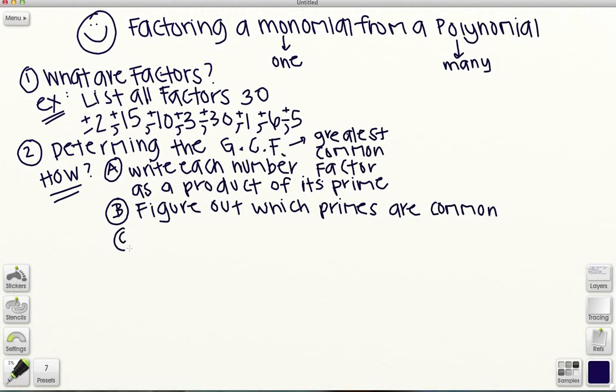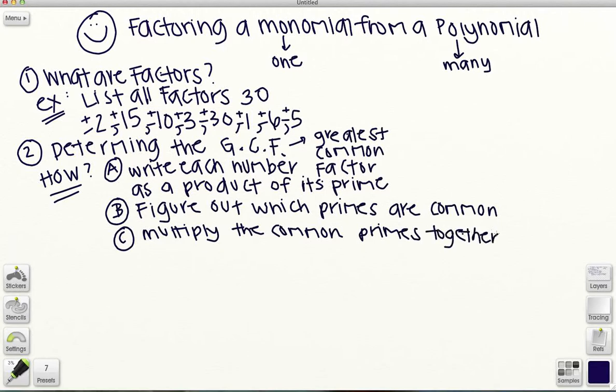And step C is you're going to multiply the common primes together. This is definitely going to make more sense when we look at an example.